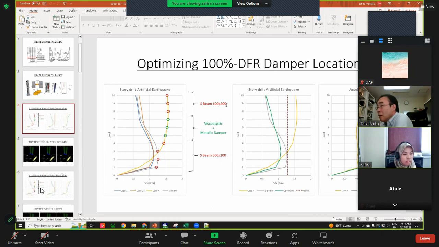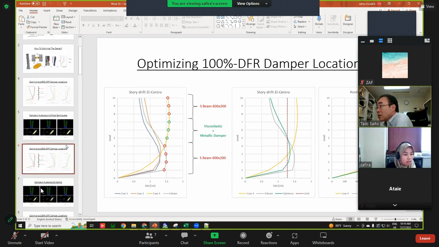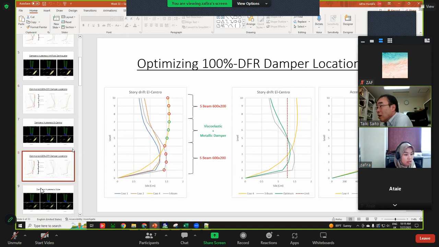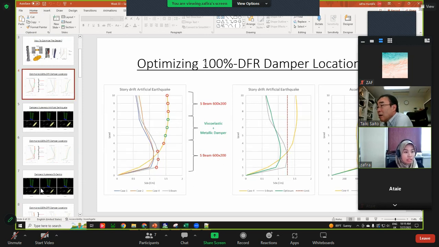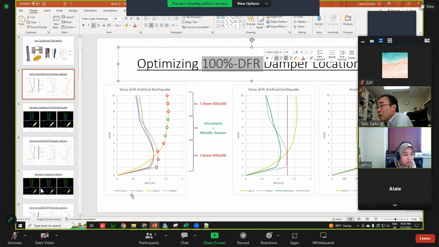This is for 600, 200 beam, and this is for 700. But let's see. How can I see this graph? Okay, so this one is 100% of our damper locations. So if you can see case one here.